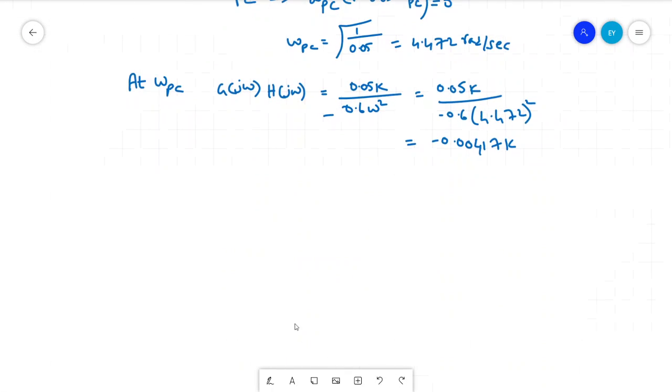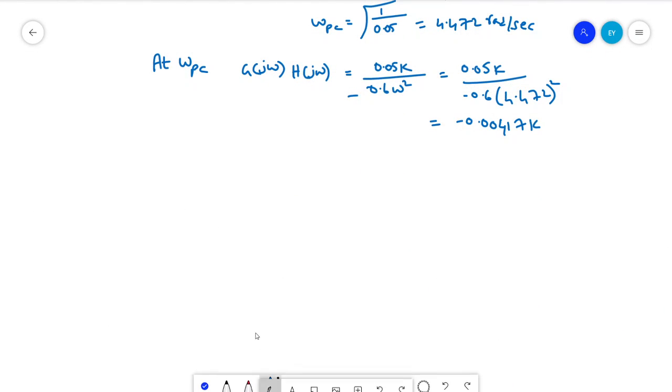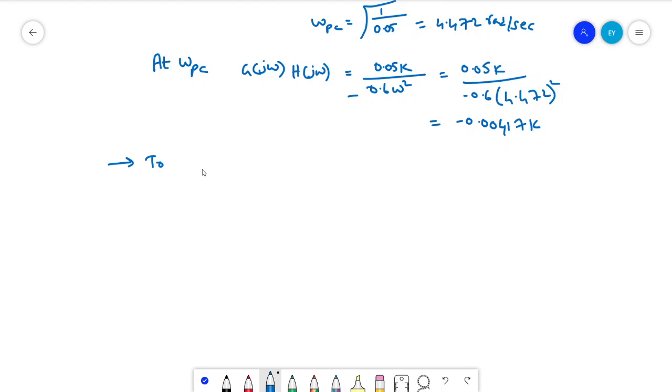So the magnitude and the phase are to be calculated at omega equal to 0 and omega equal to infinity, to evaluate C1 from equation 3.